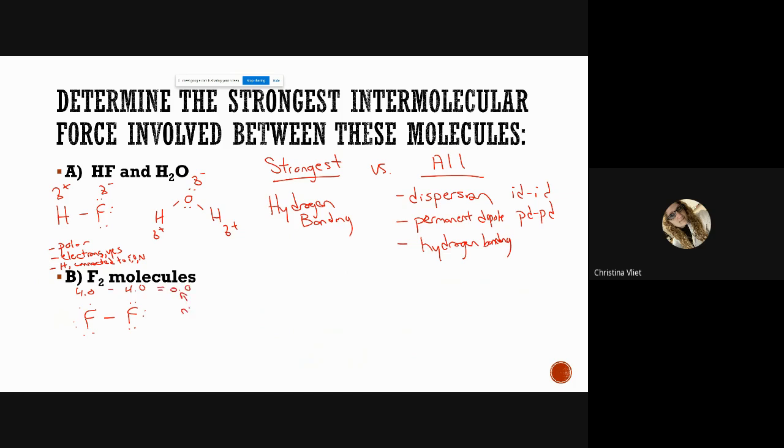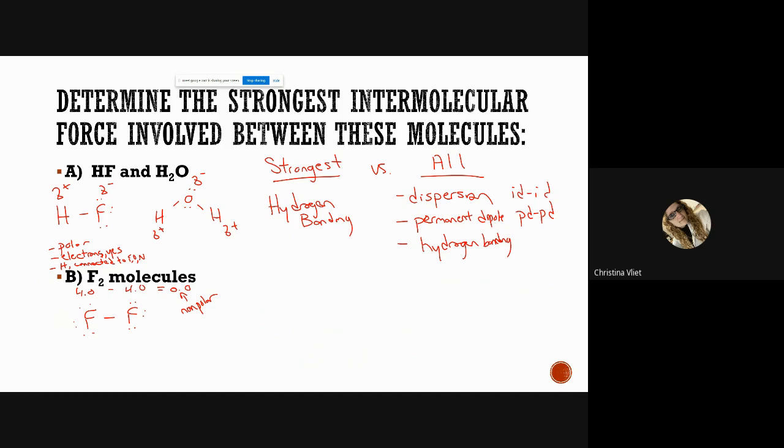This is the definition of completely non-polar, agree? So it cannot have a dipole. Can it have hydrogen bonds? No. It doesn't have hydrogen. If it doesn't have hydrogen, please don't say it does hydrogen bonds. That's silly. It has to have hydrogen to have the ability to hydrogen bond.